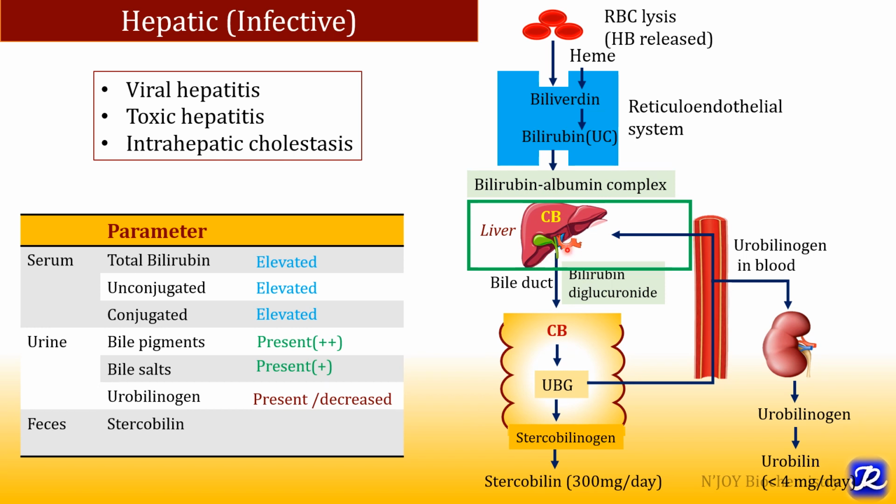This conjugated bilirubin will not be able to enter the intestine. Once it has not entered the intestine, it cannot be converted into urobilinogen. So in the early stages of liver damage, urobilinogen is present, but in the later condition it can be decreased. And in feces, stercobilin can be present in the early stage, later it can be decreased. So in case of hepatic jaundice, the color of stool is variable, it can be pale in color.